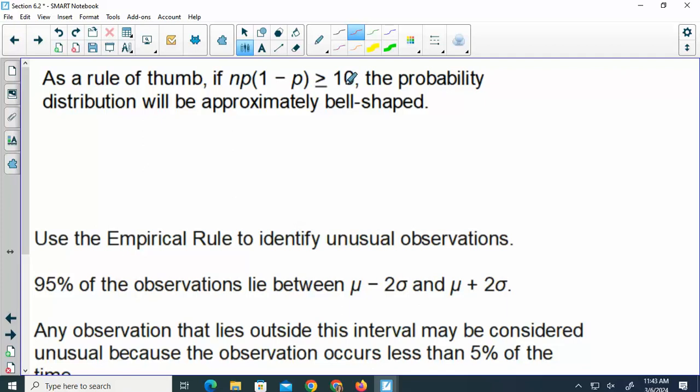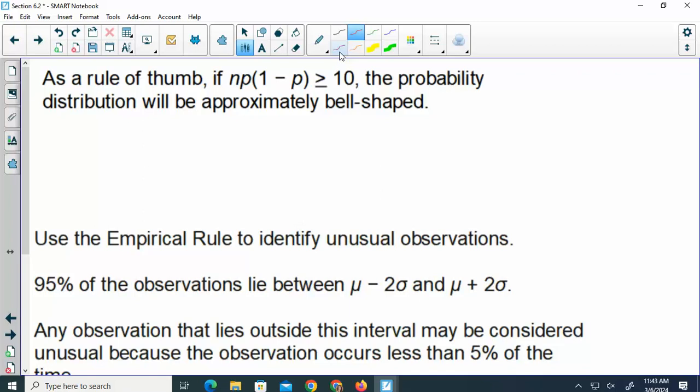And the empirical rule, remember, told us where the data would fall. If you look back at the front page of your formula sheet, within 1 standard deviation, you should have how much of your data? 68%. Within 2 standard deviations, it was 95%. So if you're within 2 standard deviations, 95% of the data falls in the middle.